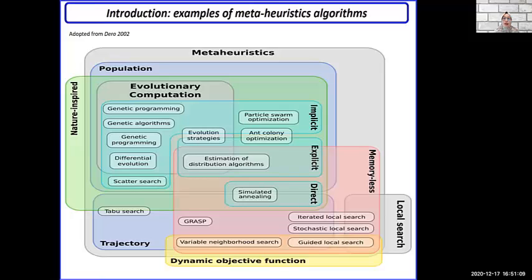So let's say you use a genetic algorithm. So what can you call? Is it a local search? Is it a population-based approach? Is it a nature-inspired approach? Or is it a memory algorithm or memory-less algorithm?